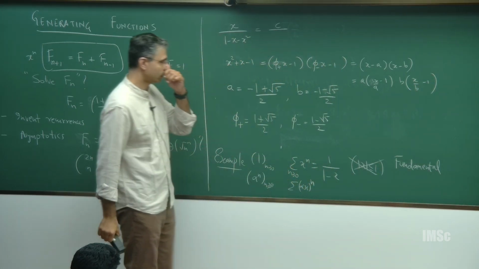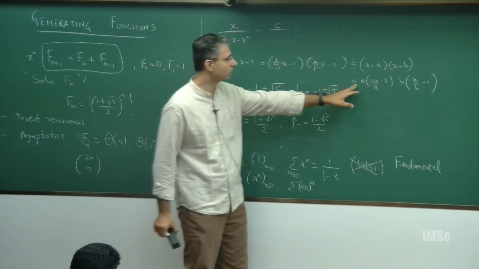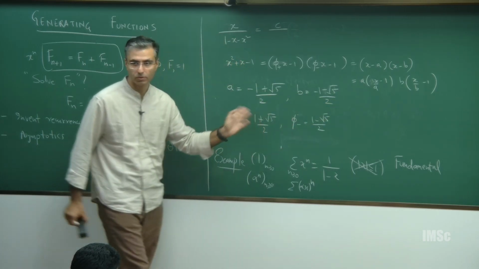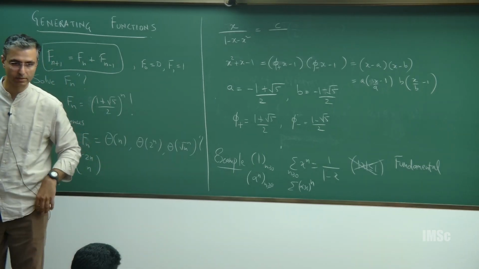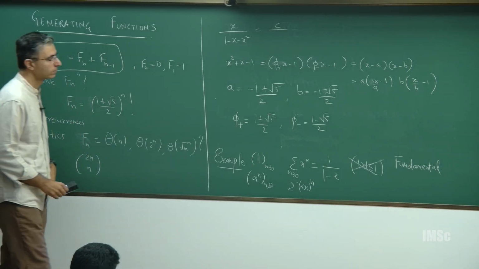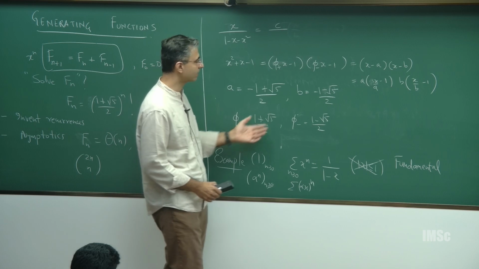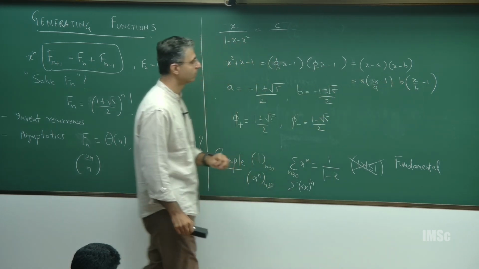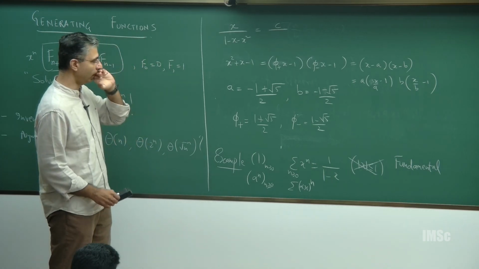So, from this you can figure out what is phi plus and phi minus. Given a and b is this, you can solve for phi plus and phi minus. Okay, roughly phi plus is 1 by a, phi minus is 1 by b, or the other way around.